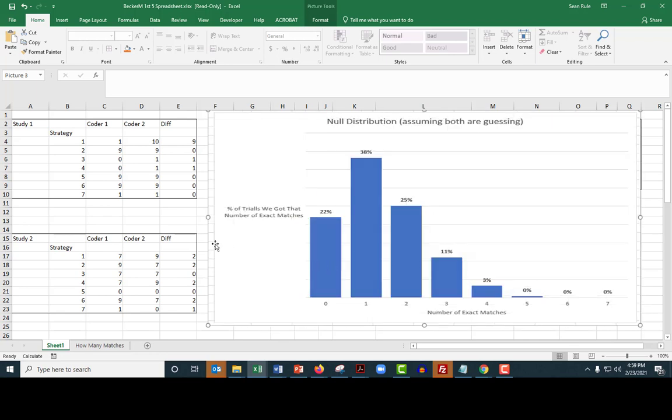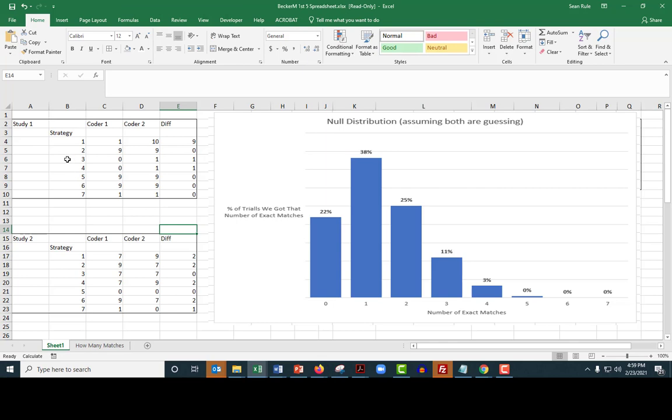So what we can do now is we can look at your group here, study 1. There were 4 exact matches. What is the chance of getting 4 or more exact matches, assuming that the 2 coders are guessing randomly?